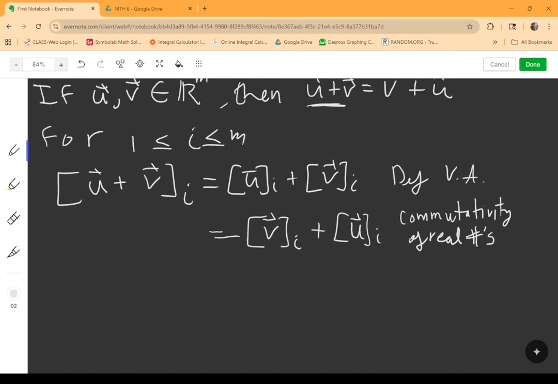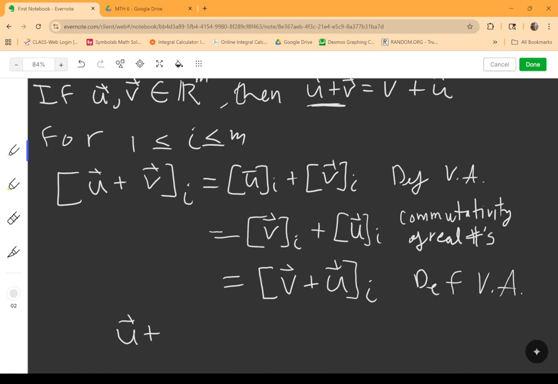Okay, and now I apply the definition of vector addition as well. Reapply it again, but now in this other form. Definition of vector addition. And that's it. That gets us here. That establishes the proof. So if this is true for i between 1 and m, then that means that here we have shown that u plus v is equivalent to v plus u.